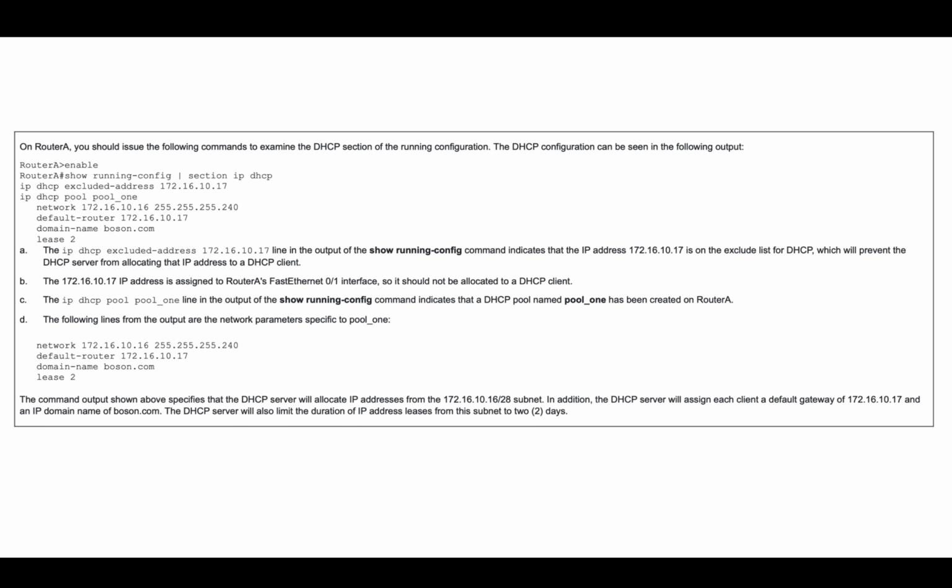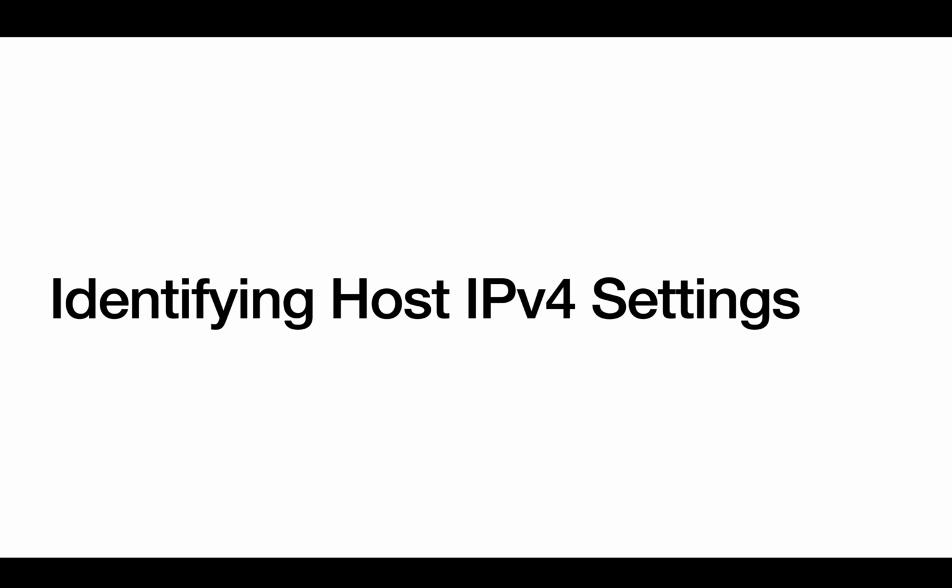You see the network 172.16.10.16 with mask 255.255.255.240 configured. You can see the default gateway there, default-router 172.16.10.17. That's within the subnet, so that's a valid IP address to configure. And then you see the domain name is bosun.com, and the lease time is 2 days. So that's just breaking down the output for the DHCP part of the running configuration.